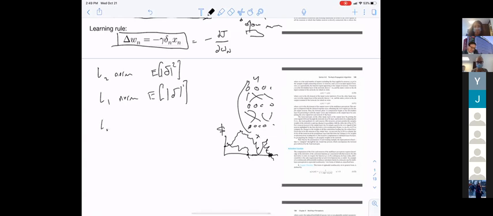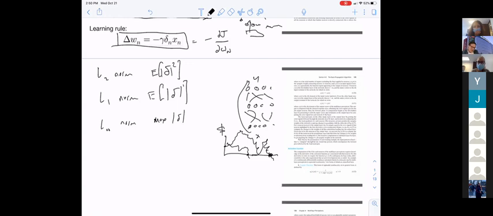And then you have what's called the L infinity norm, which is essentially the max value of absolute delta. So those are all valid cost functions, and those are very typical ones that could be used.